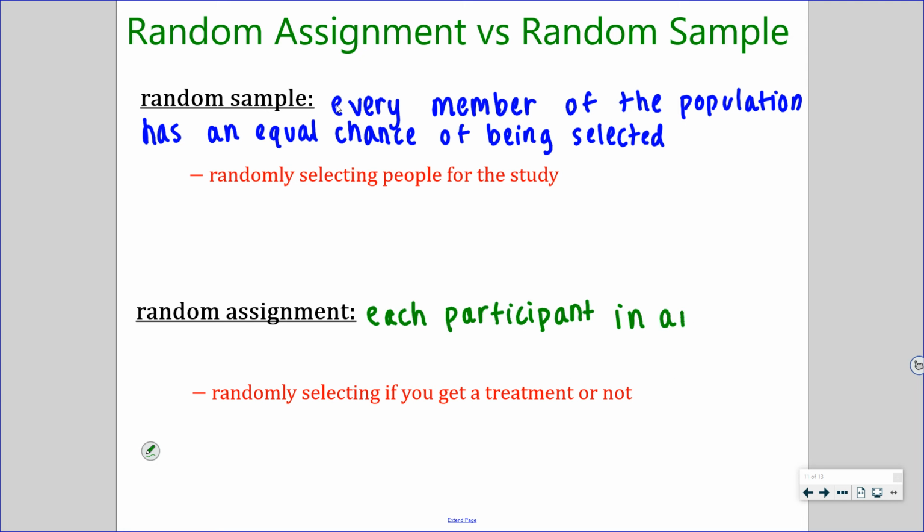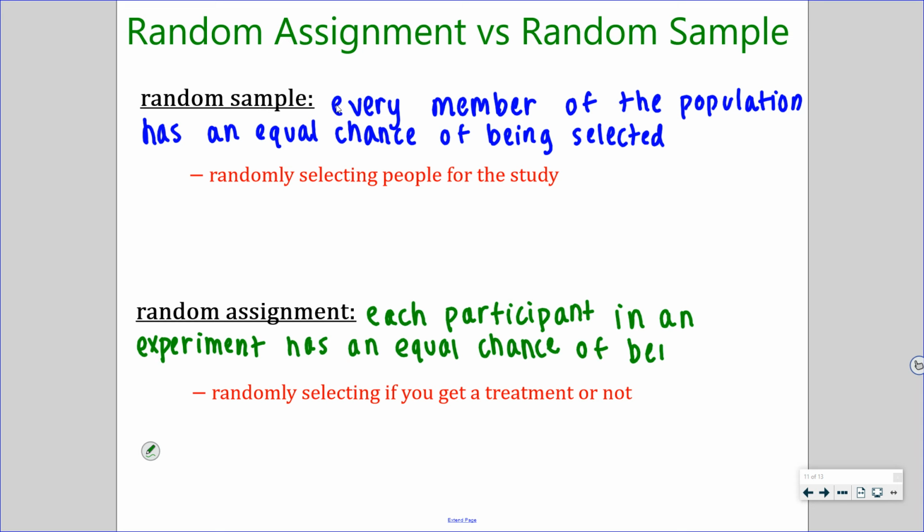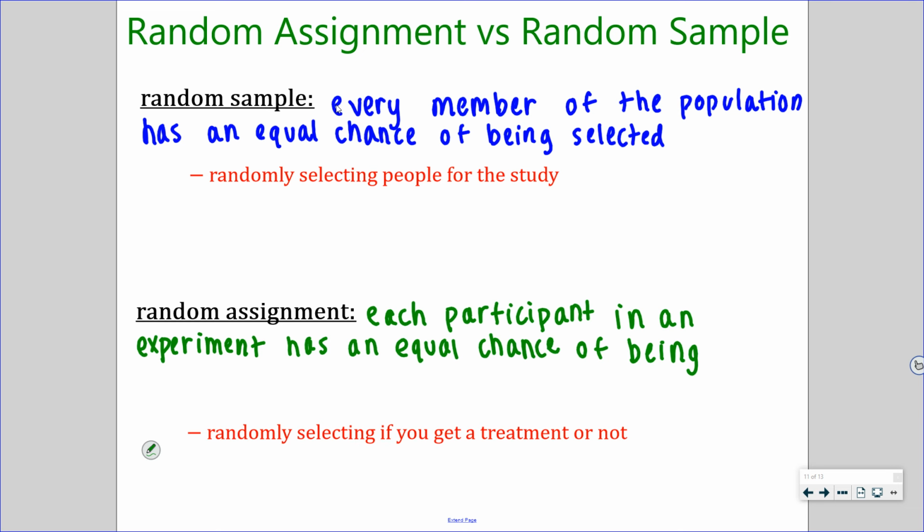Each participant in an experiment has an equal chance of being assigned to the treatment or control group.